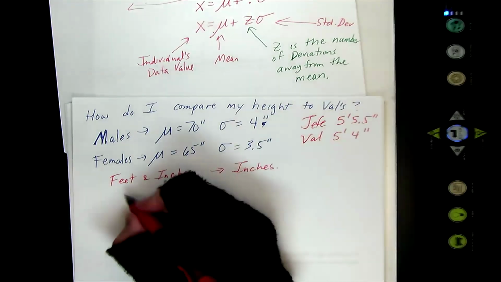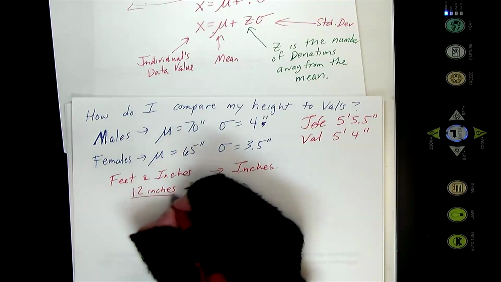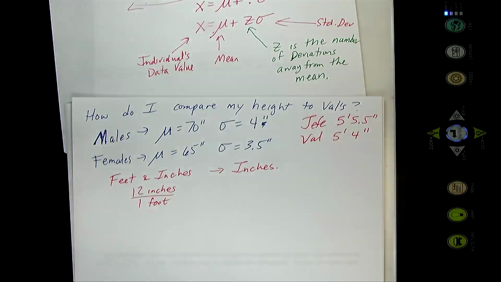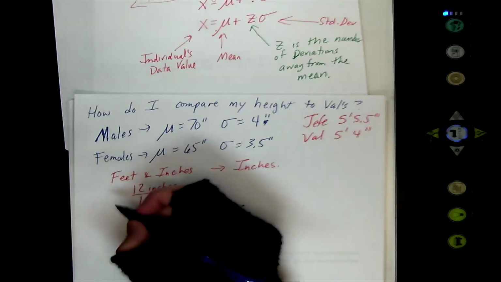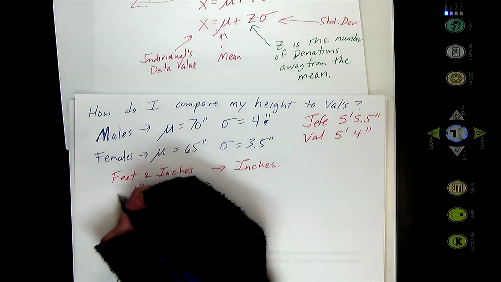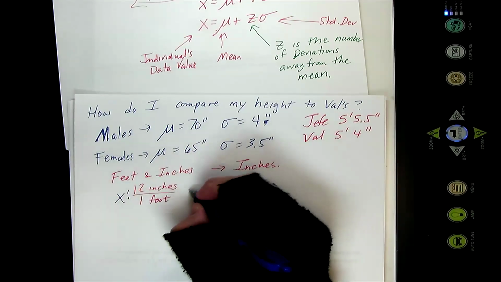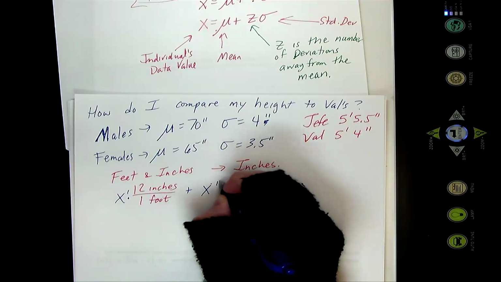There are 12 inches per foot. So you take the person's foot score times 12, and then add in whatever their inches part was.